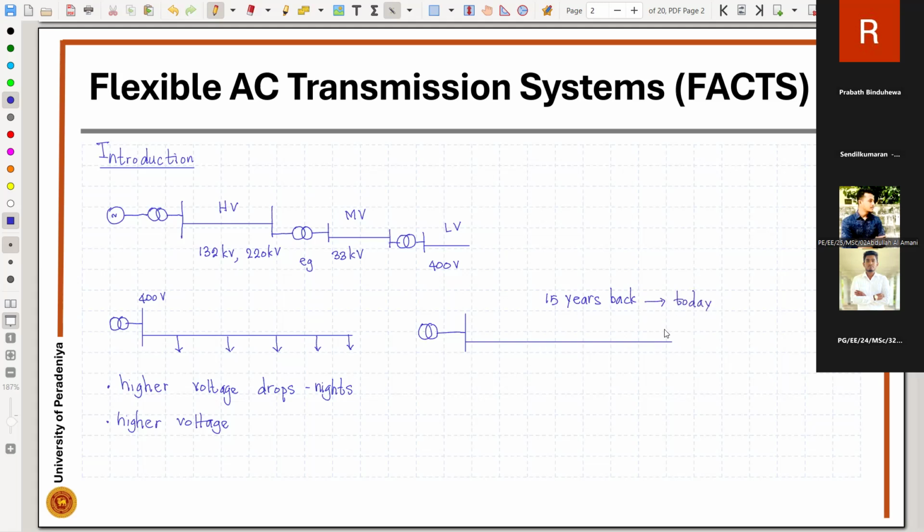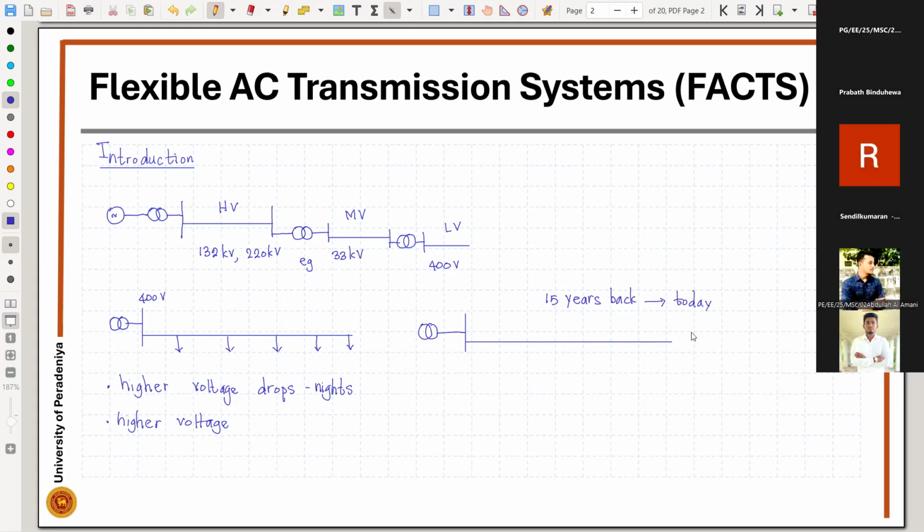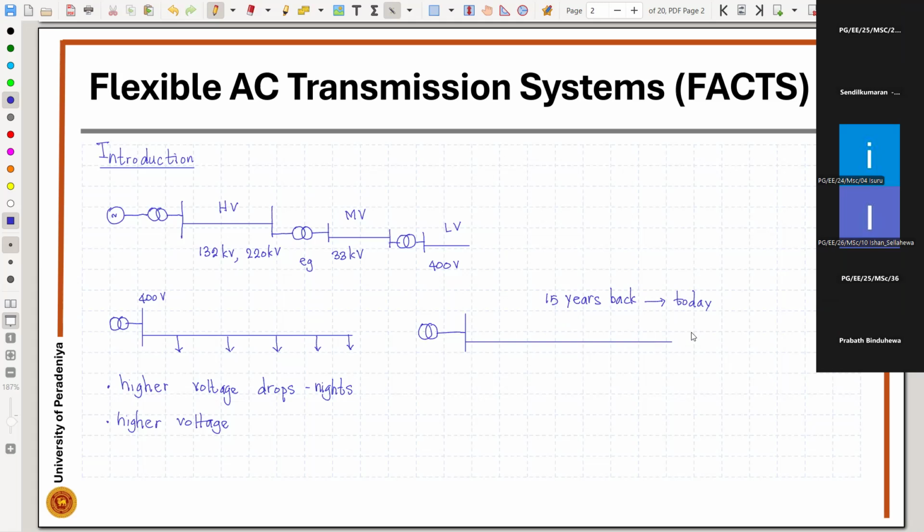How many of you have experienced that the customer base has grown over 15 years? If yes, can you raise your hand? Okay, thank you for the quick response.